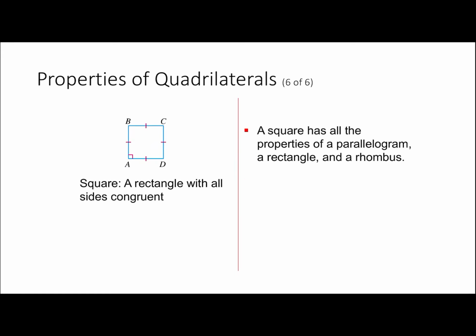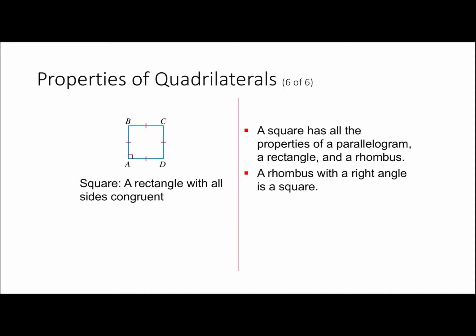And then the last one is a square, and it is a rectangle with all sides congruent. So that means all sides and all angles are congruent. And so it has all the properties of a parallelogram, a rectangle, and a rhombus. Okay, so it kind of encompasses most of those properties that we have talked about. Because remember, a parallelogram also has the properties of a trapezoid, and a rectangle has different properties of parallelograms and trapezoids and things of that sort.